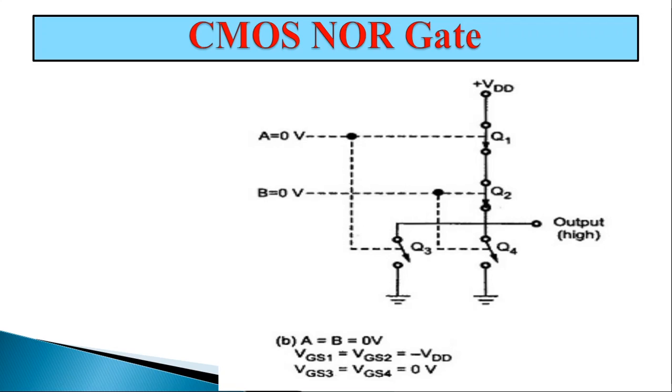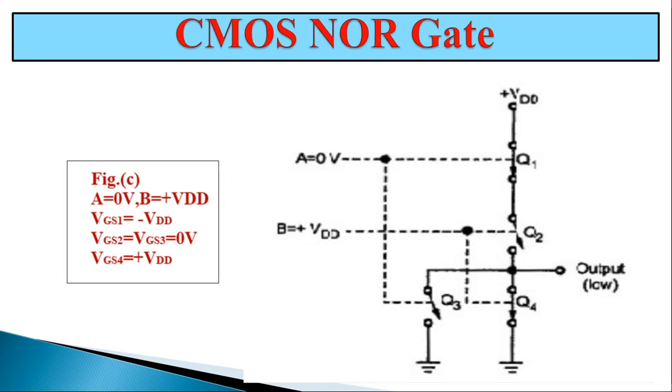Here, this figure shows the conditions, that is, when A equal to 0 and B equal to 0, then A equal to 0 and B equal to 0 makes the transistors Q1 and Q2 on and Q3 and Q4 off, and it will give the output that is equal to 1. That means output is high or at logic 1 level.